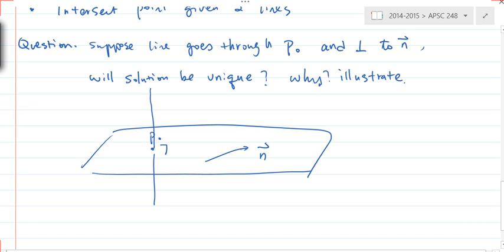And you can also construct a line which is passing through P naught and perpendicular to the vector. That makes sense, right? So just based on this, I can have two solutions here.